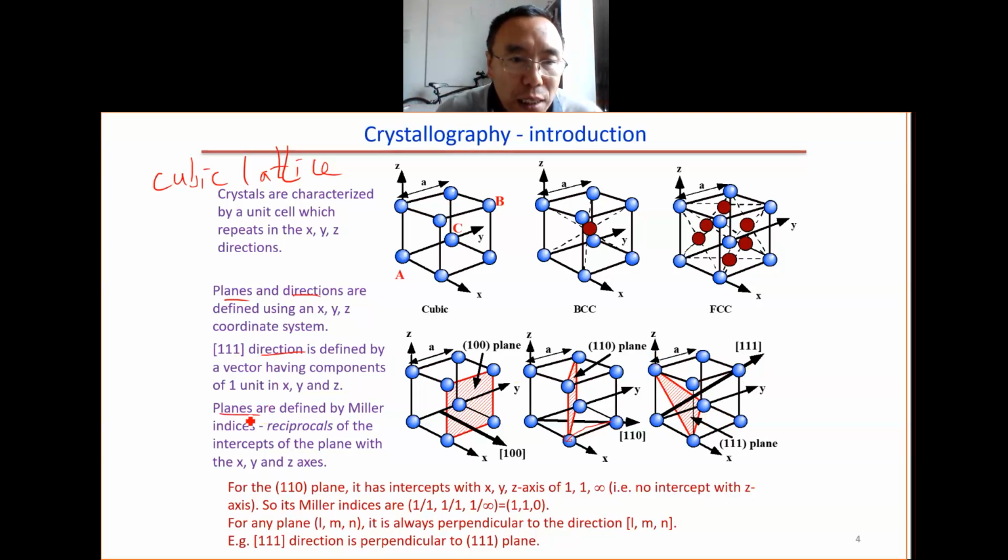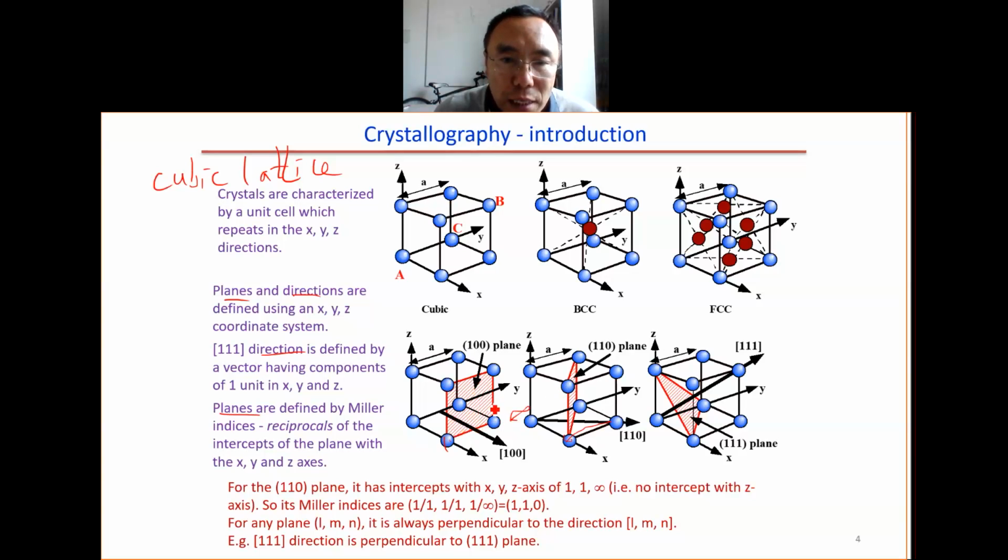The plane is defined by the so-called Miller index, the reciprocal of the intercept of the plane with the x, y, and z axis. For example, this red color here is the 100 plane. It intersects x equal to 1, and is parallel to the y-axis, so the intersection is infinity, no intersection.